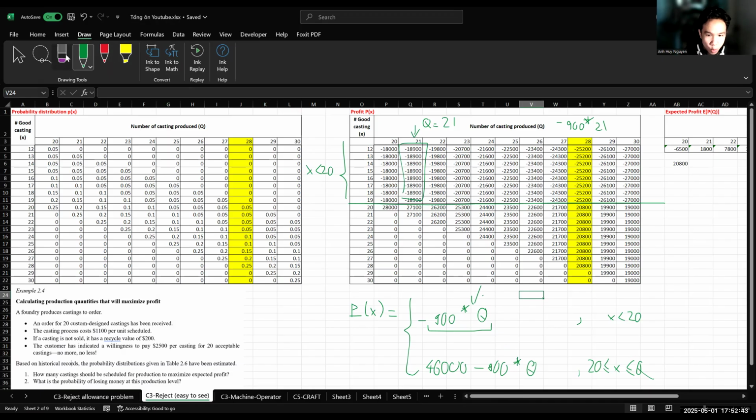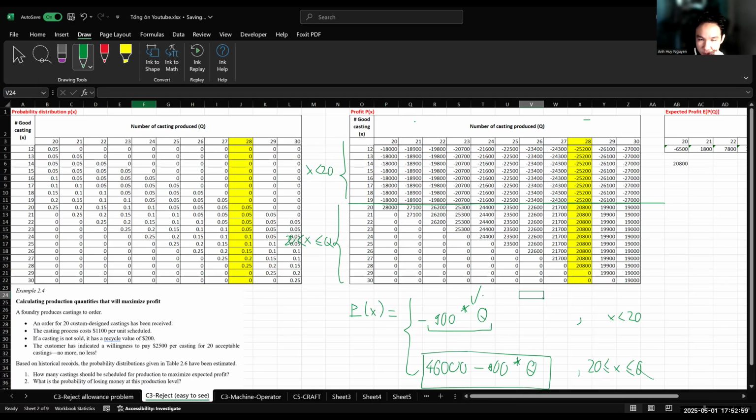Now, what if x is more than 20, which is here? X is more than 20, less than q. You will use this equation.